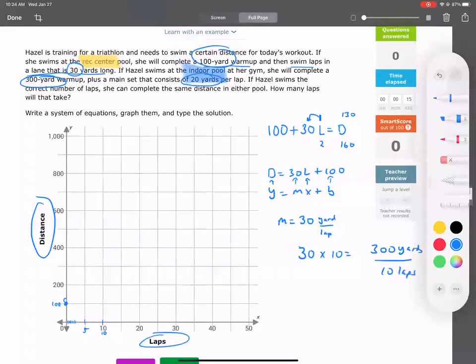Now if you take a look at how I changed the slope here to make this a lot more easily graphable, so we can fit our little chart here, we have to go 300 for every 10 laps. Now, I want you guys to see that this is actually 100, 200, 300. That's actually pretty easy to do. If I tried counting by 1 yard at a time, 30 yards was going to be hard to hit.